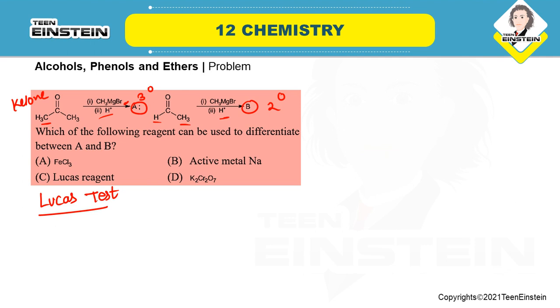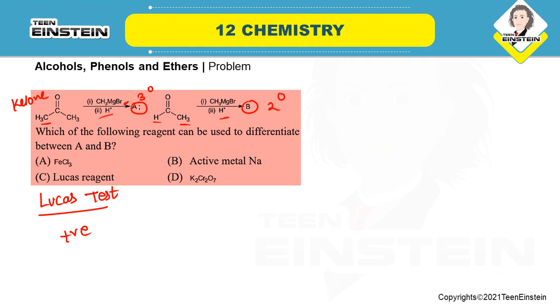But right now just remember, if we use this reagent, what will happen? The 3 degree alcohol will give a positive test very quickly, but it doesn't mean that 2 degree will not give it. 2 degree can also give this test, but it will take much more time.